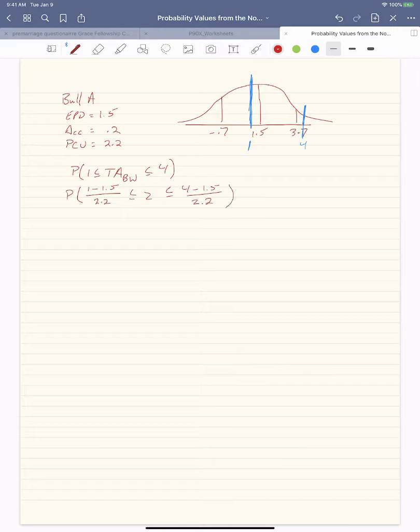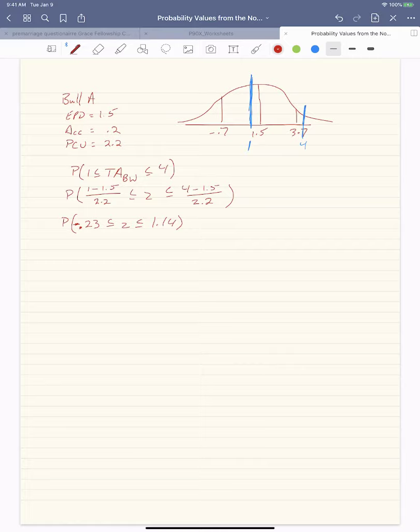So when we do that math, that's going to be the probability that z is between negative 0.23 and 1.14.